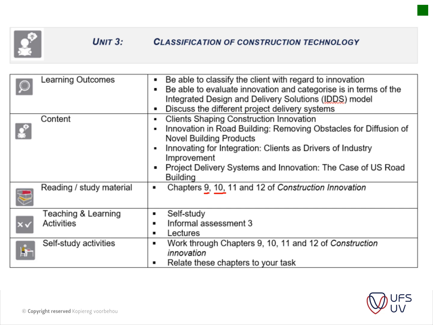In this unit, you should be able to classify your clients with regard to innovation, be able to evaluate innovation and categorize it in terms of the integrated design solutions. This is a little bit more towards chapters 11 and 12 though, that we're going to look at the IDDS, and you should be able to discuss the different project delivery systems as well.